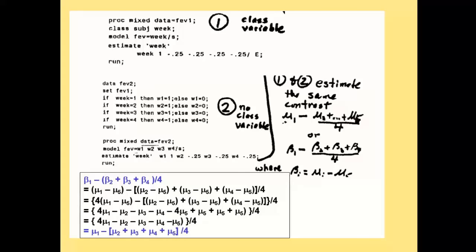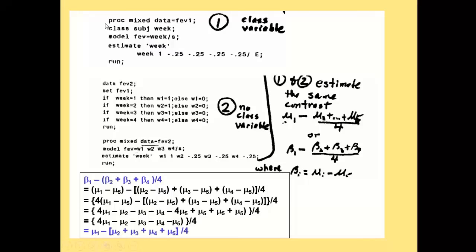Now, you notice there's no repeated statement, there's no random statement. So what kind of a model is this? It's a marginal model. What's being assumed about the correlation structure? Independence. If I wanted to get a different correlation structure with a marginal model, I'd have to add another statement.